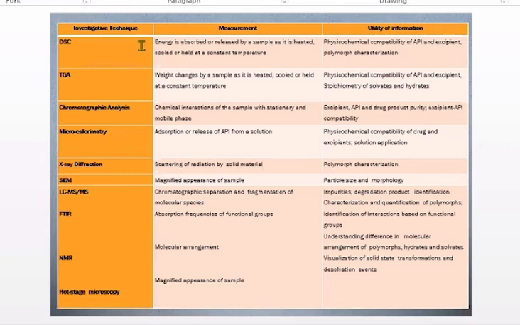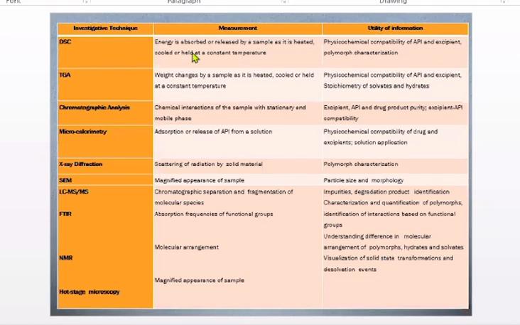So for example, in the case of differential scanning calorimetry, energy is absorbed or released by a sample as it is heated, cooled, or held at constant temperature. The utility of this information is to determine physical compatibility of API and excipient or polymorph characterization.